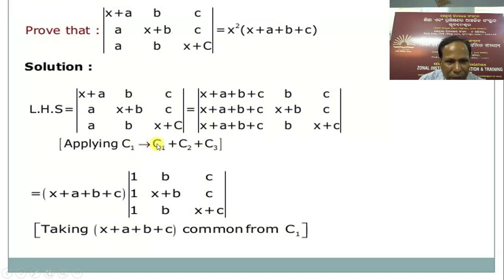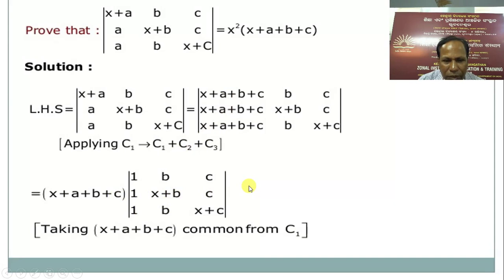If I apply C1 replaced by C1 plus C2 plus C3, we find that this element becomes X plus A plus B plus C, this element becomes X plus A plus B plus C, and this element becomes X plus A plus B plus C. The other two columns remain as they are. Now this is the common factor because it is present everywhere in the first column. So taking X plus A plus B plus C common, we will be left with 1, 1, 1. The other two columns remain the same.